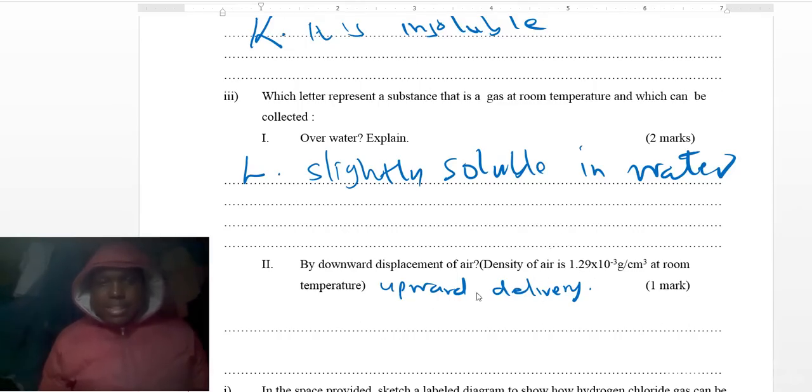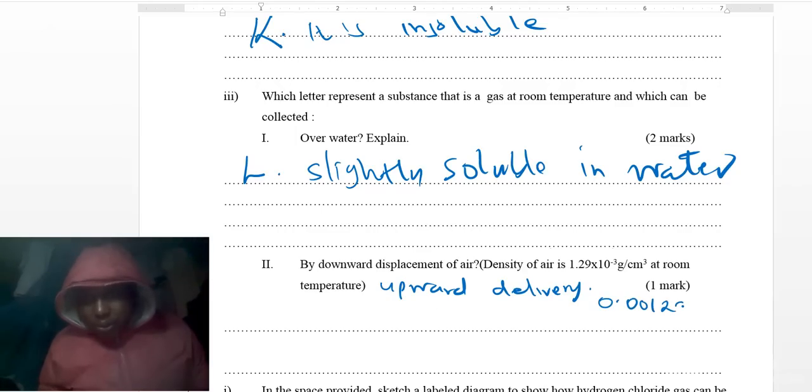So if it is lighter than air, it means it is less dense than air. So let's go to the table and check which gas is there and is lighter than air. We have been given the density of air as 0.00129. So we go back to this one and check which one is less dense than that.